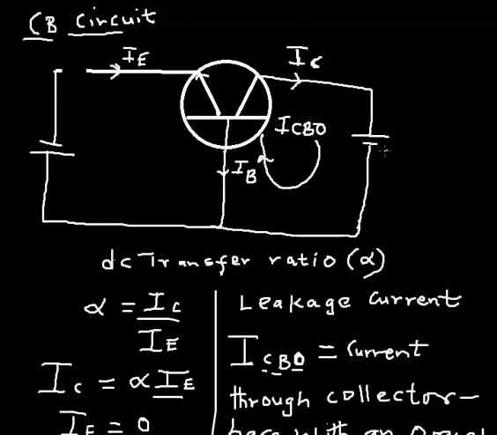Now, what if there is an emitter current connected? Then the leakage current still flows along with the output current.